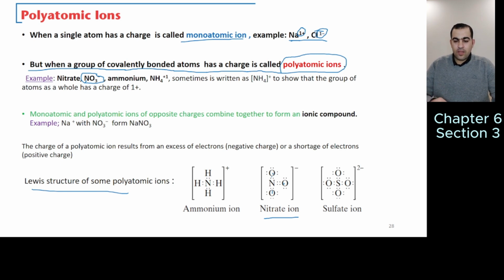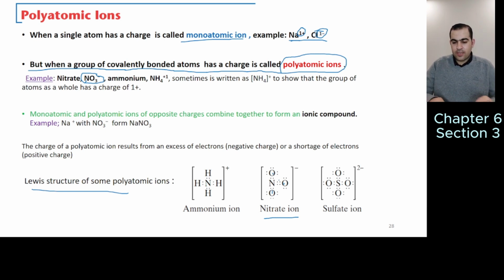So when they gain one electron, as a whole, we say that one electron has been gained. We don't know where from. It's not important.